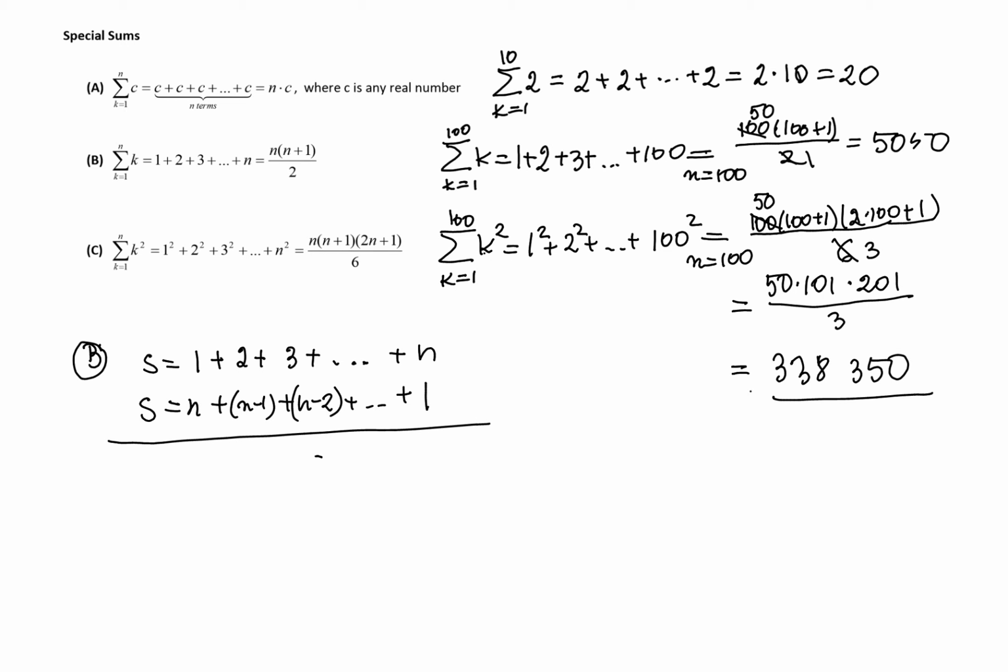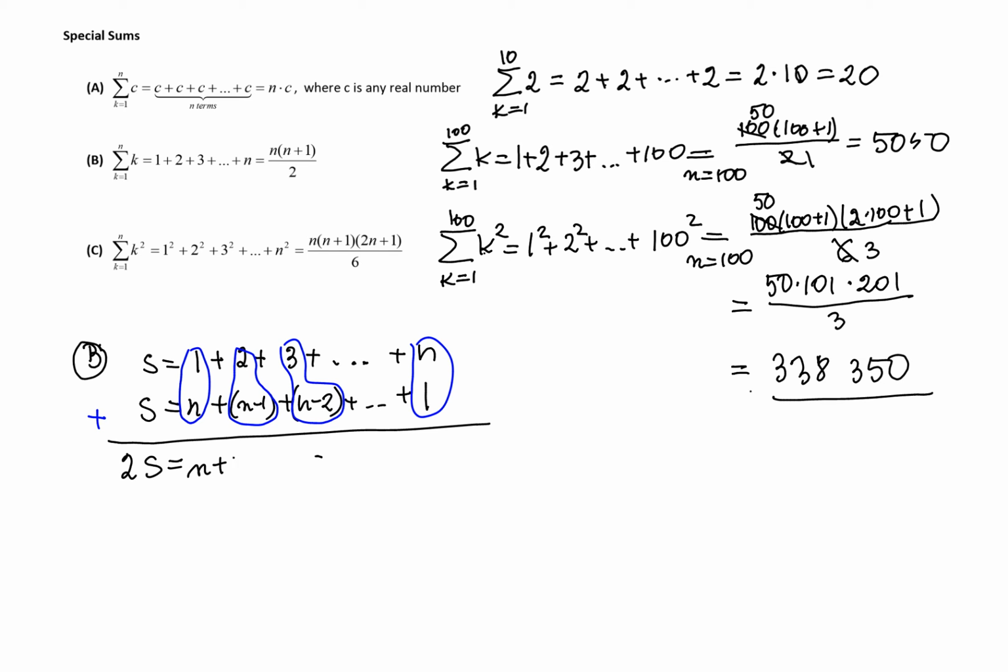Now let's add those two equations side by side. The left-hand side is going to be 2s, and on the other side, as aligned, we'll add 1 and n, we'll add 2 and n minus 1, we'll add 3 and n minus 2, and finally we add n and 1.